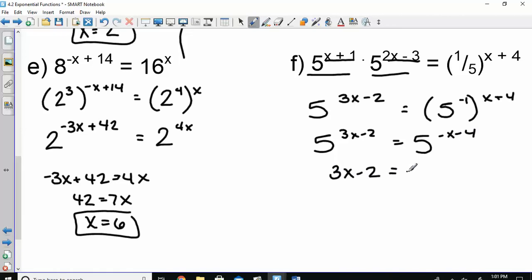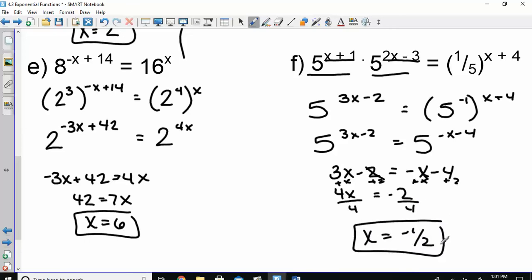So you can set your exponents equal. Add over my x, get a 4x. Add the 2. Get -2. Divide by 4, so x is -1/2.